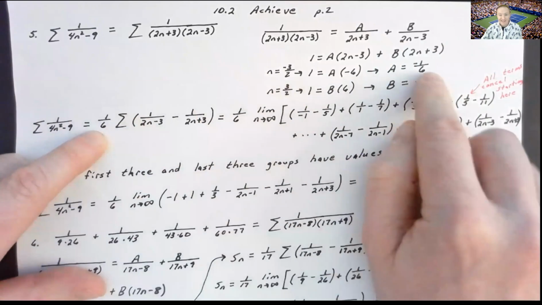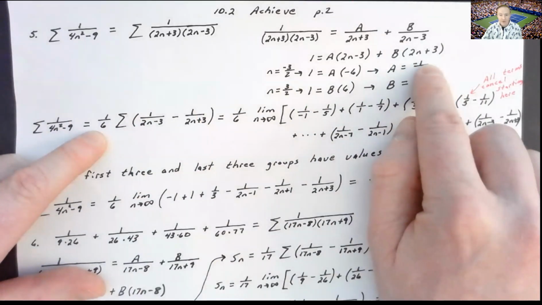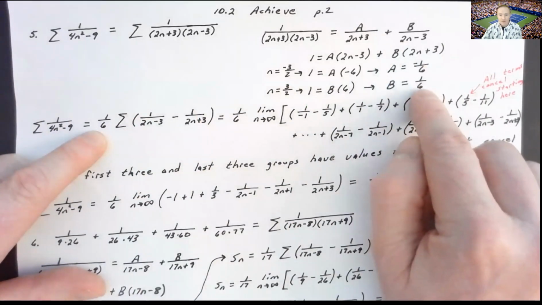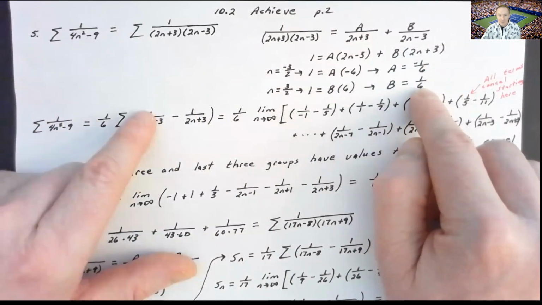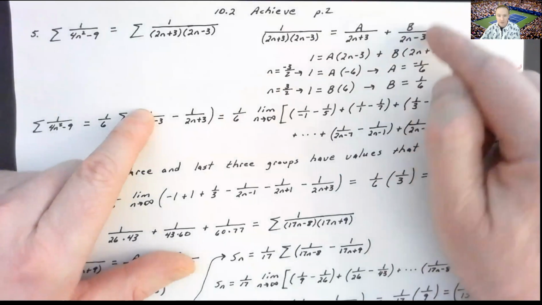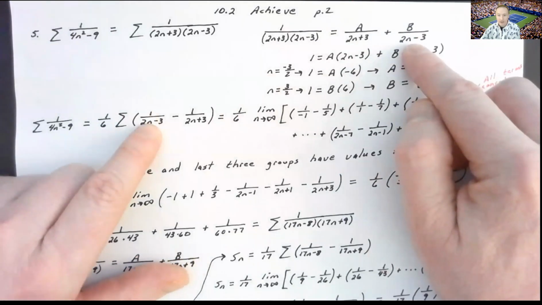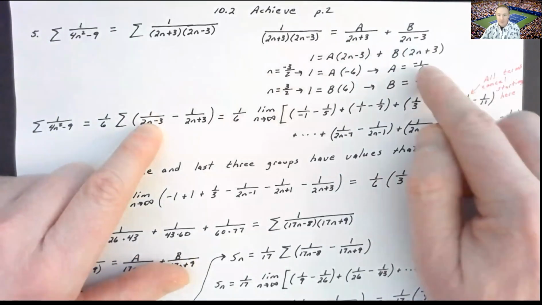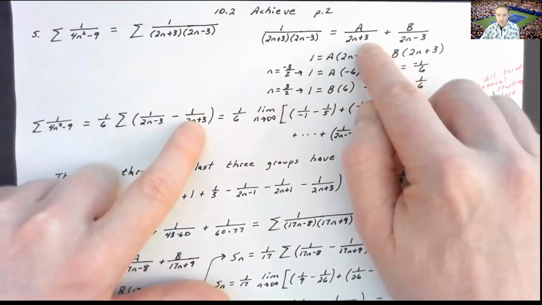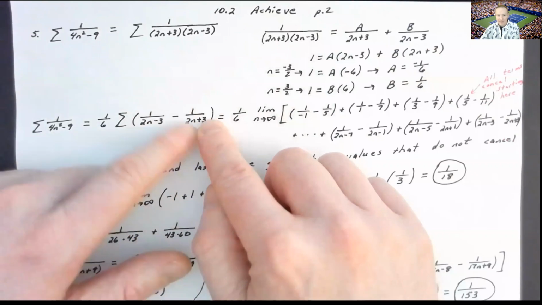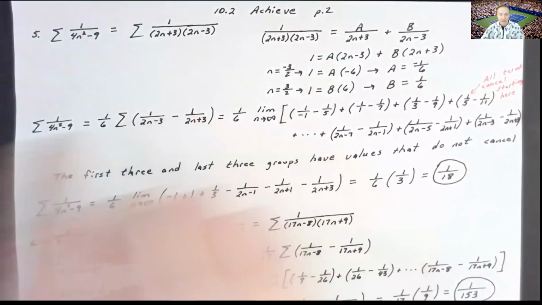And then, instead of putting the negative term first, I wanted to go with the positive term first. So I said, well, if I factor a 1/6 out, I'll just have a 1 in the numerator, and it's going to be 1 over 2n minus 3. Now, a was the negative term, so I'll have minus 1 over 2n plus 3. I think it helps to put the positive before the negative in here.